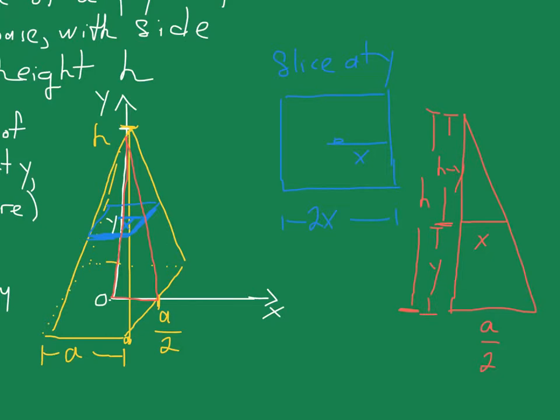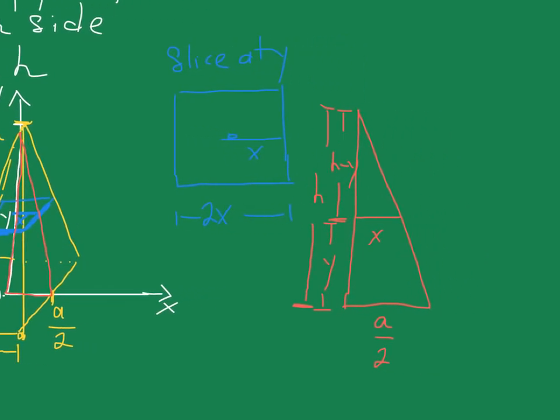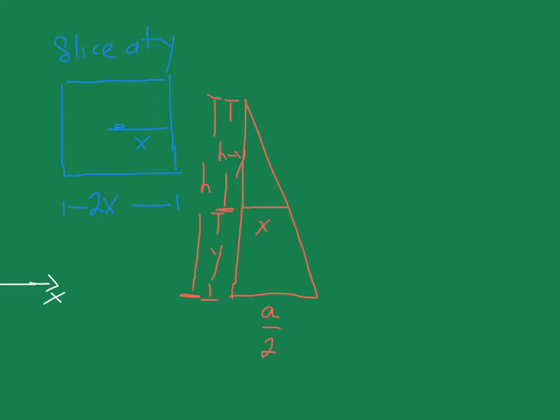And how can we do that? Well, what you notice is that we have 2 similar triangles. They share exactly the same angles, so they are similar. One fits perfectly inside of the other. And what we know about similar triangles is that ratios of corresponding sides are equal. So, by similar triangles, what can we say?